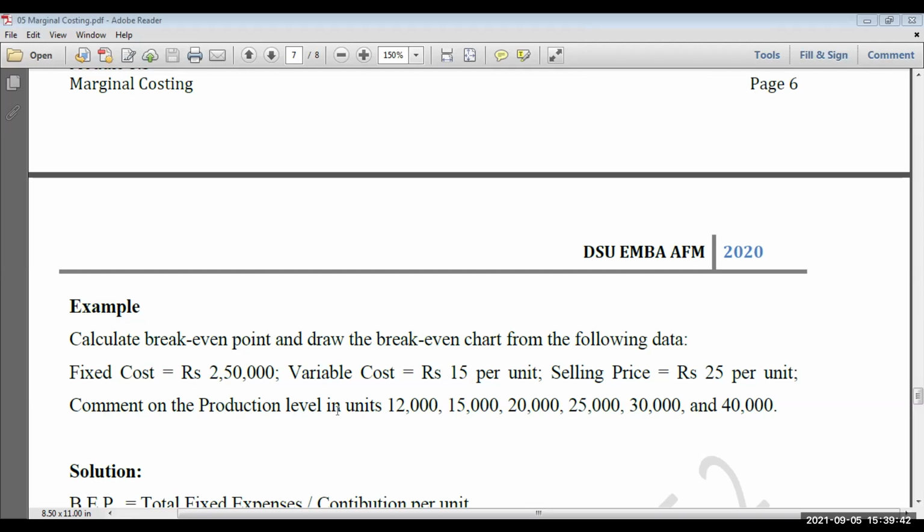But my question is to calculate break-even point in value of sales. What is the sales value? This is rupees. How much is the amount of break-even sales? 10,000 is the unit.